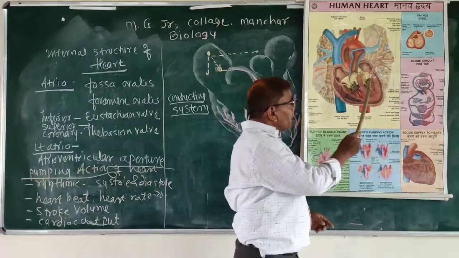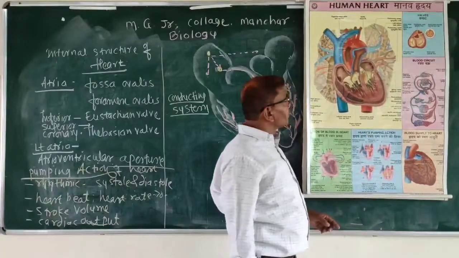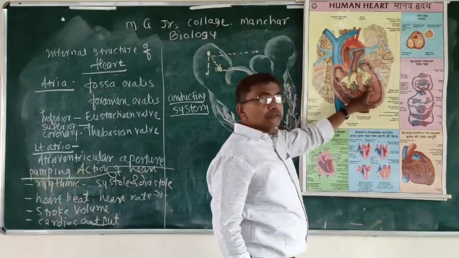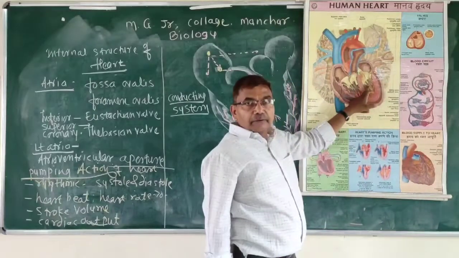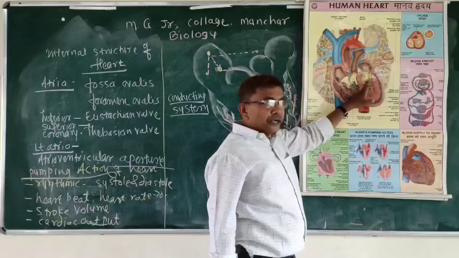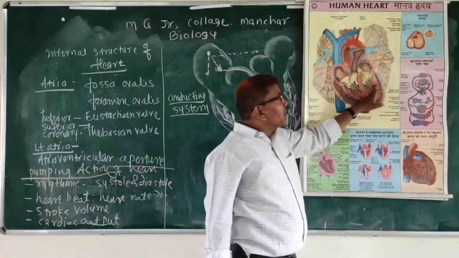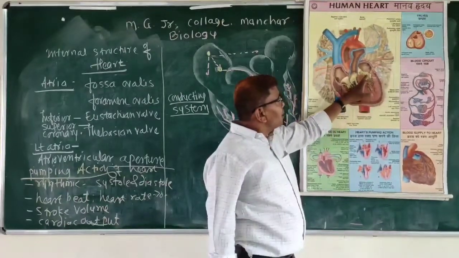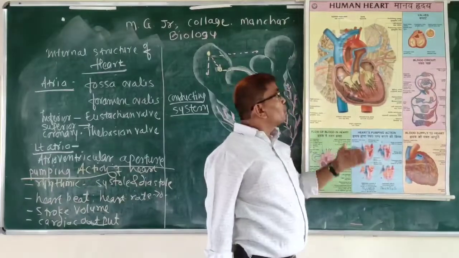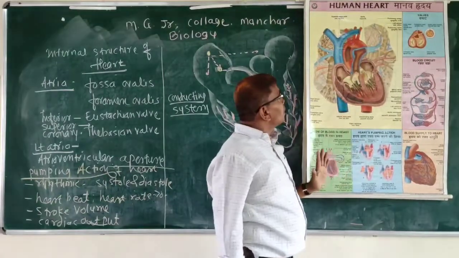These fibers are connected to the papillary muscles of the ventricles, and these fibers are called chordae tendineae or columnae carneae. They are connected to the papillary muscles of ventricles, and those are connected to the valves, which gives additional support to the valve and prevents backflow of the blood.